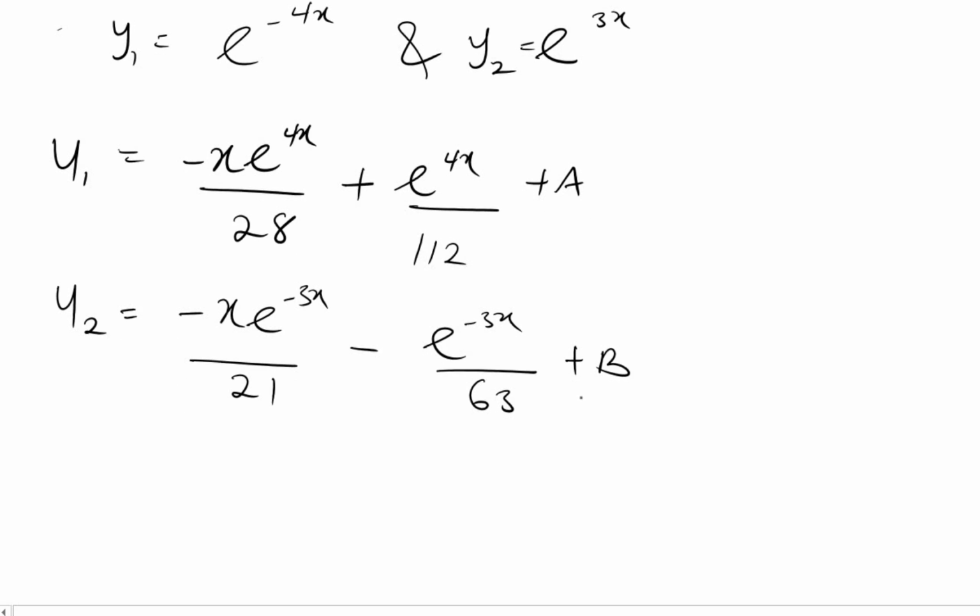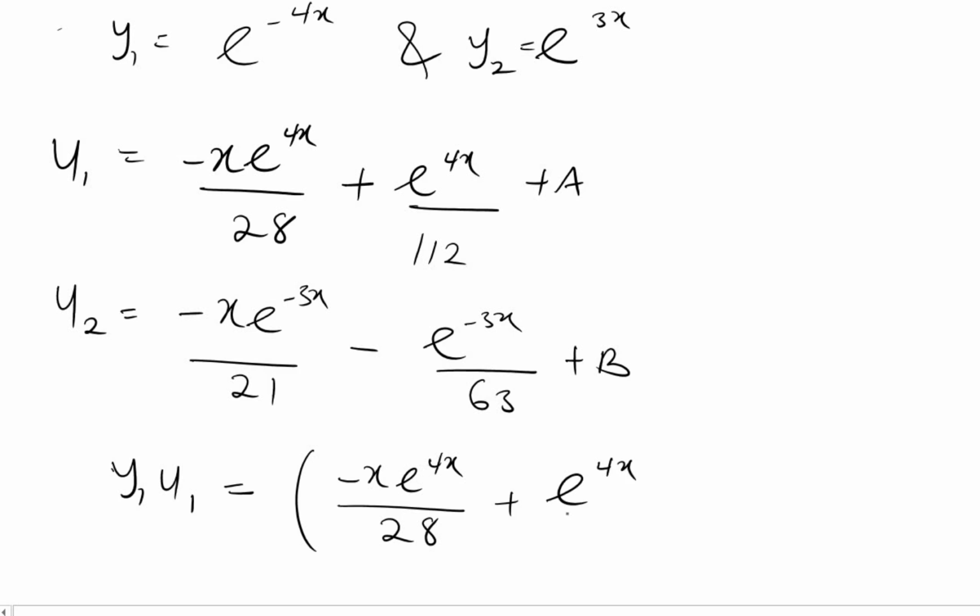Now I'll just do the multiplication. For the first one, that's y1, u1 is going to be, what's my u1? Negative x exponential 4x over 28 plus exponential 4x over 112 plus a, multiplied by y1, which is exponential of minus 4x.